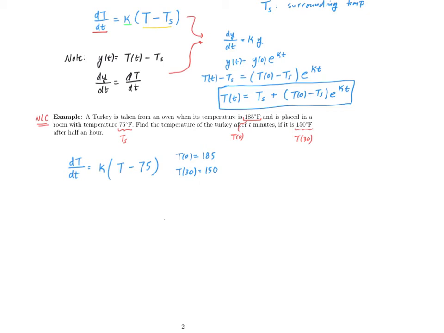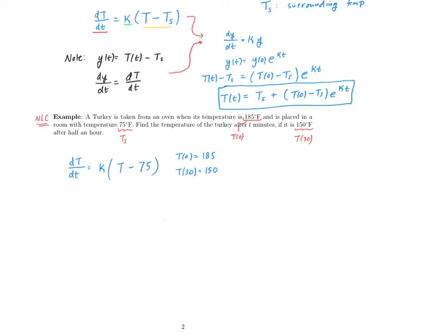Now that you've paused the video and you've thought about this, let's go ahead and summarize. We can immediately jump to this formula that we've determined above. There's no reason to recreate the wheel. We just go to this generic form. Our T sub s is 75 and T of 0 is 185.